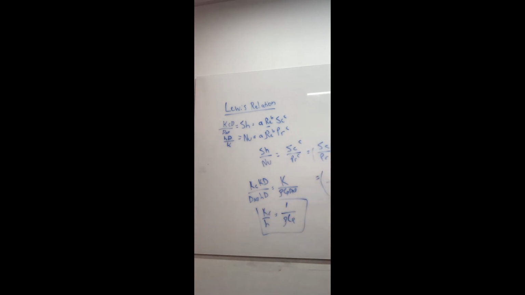Okay, and that's the Lewis relation, and that's how it describes back to these dimensionless numbers. So for the second part, we can talk about how this relates to the energy balance, and then we'll just keep on adding from there.